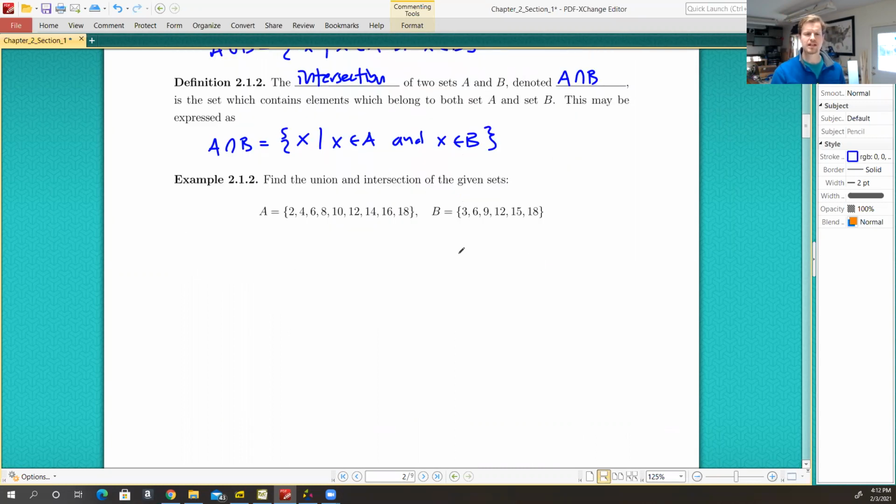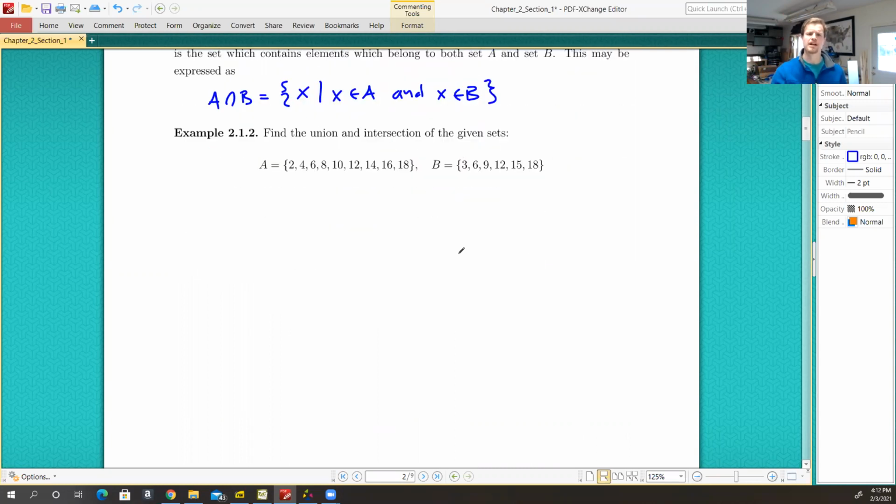All right, so let's take a look at a really quick example of finding the union and intersection of these two sets. So you might notice that this is the collection of even numbers, or multiples of 2, greater than 0, less than 20, and then these are the multiples of 3, greater than 0, less than 20.